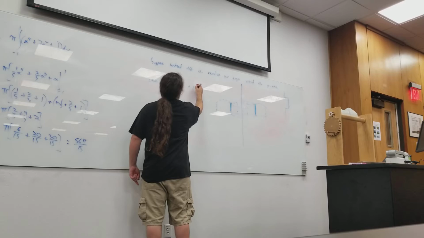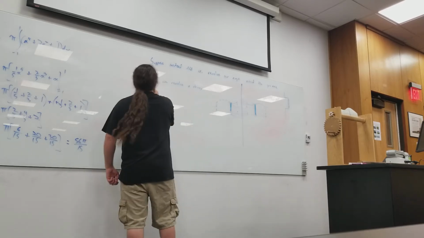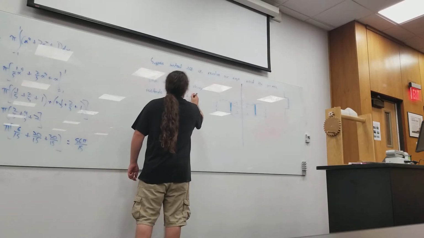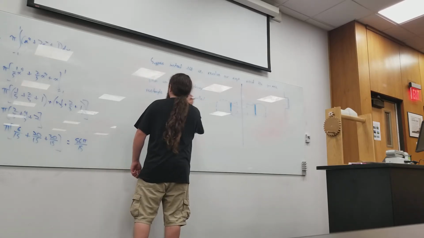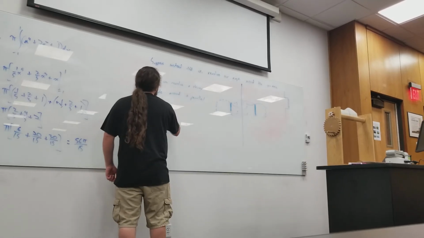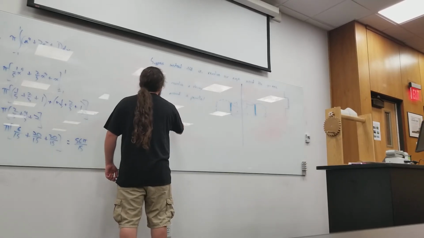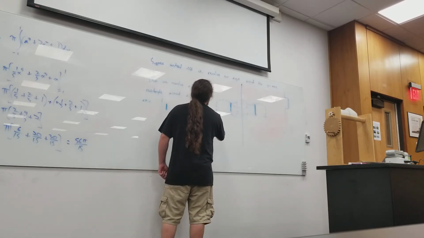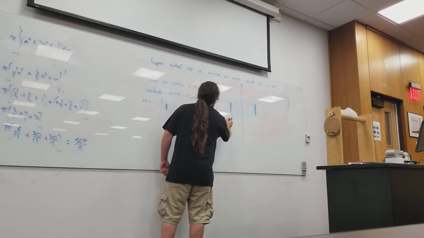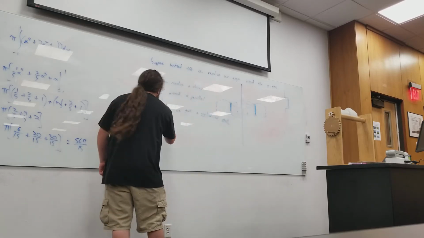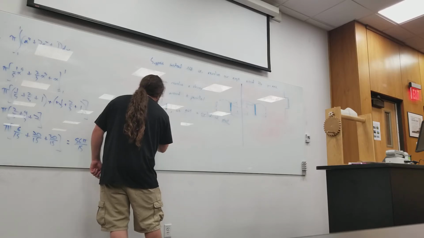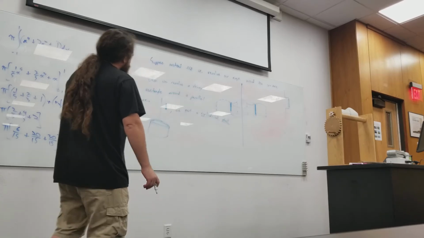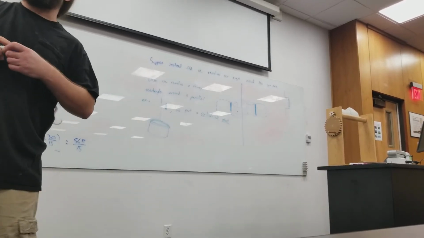When we revolve a skinny rectangle around a parallel axis, like this, we get a cylindrical shell. You get a shape that looks like this. Okay, and we got to figure out a way to approximate the volume of this thing.